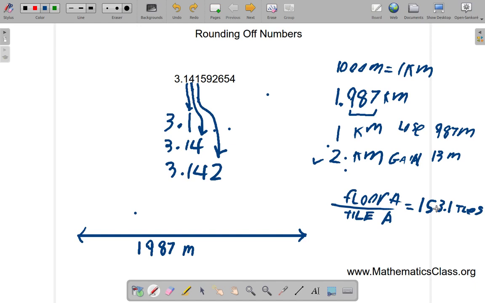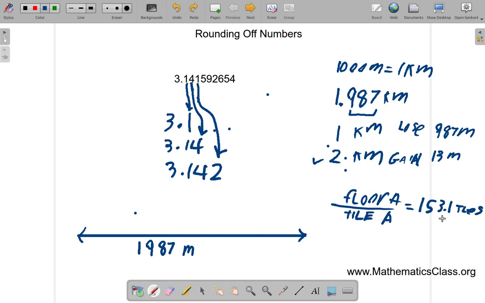You won't get any more money until a few days later to continue tiling. The minimum number, how many tiles would you order? If you're rounding off this number to the nearest whole number, generally you would say 153, because the number to the right of 3 is only 1, so you'd round down.